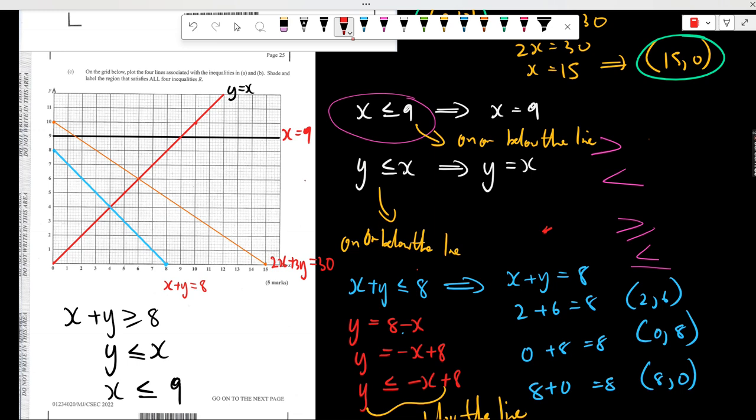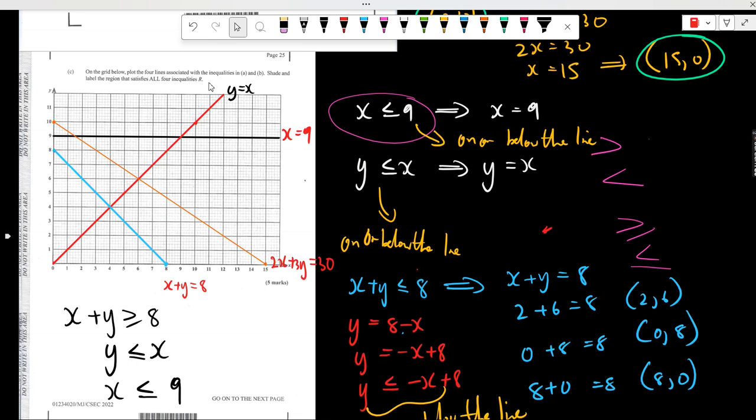If you're interested in the region 2x plus 3y is less than or equal to 30, we're talking about on or below that line. So we want to shade and label the region that satisfies all 4 inequalities.